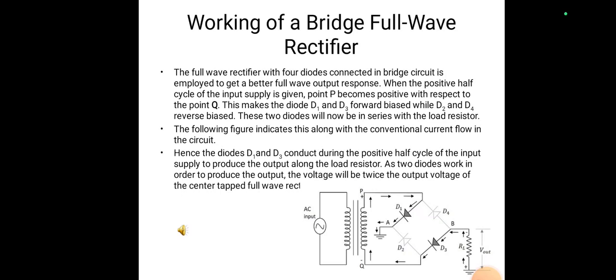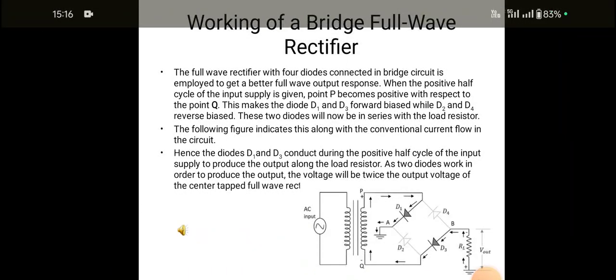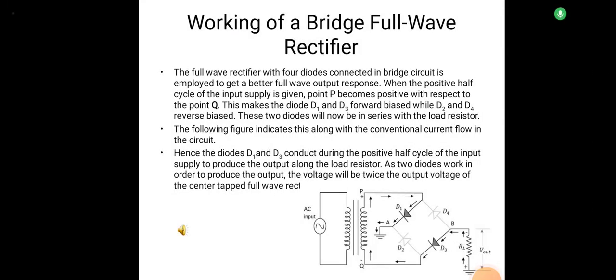So the positive supply is connected to the anode of diode D1 and also to the anode of diode D3. This puts diodes D1 and D3 in forward bias, and diodes D2 and D4 become reverse biased.